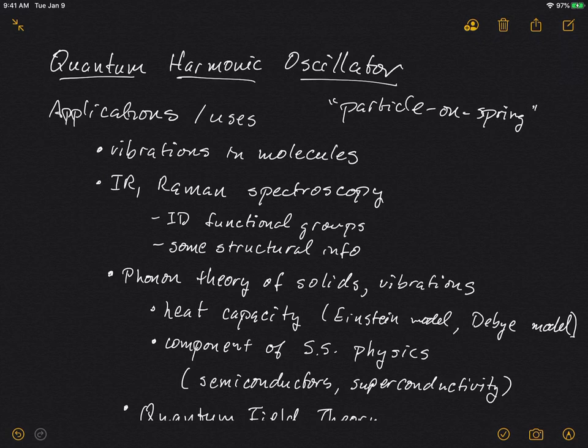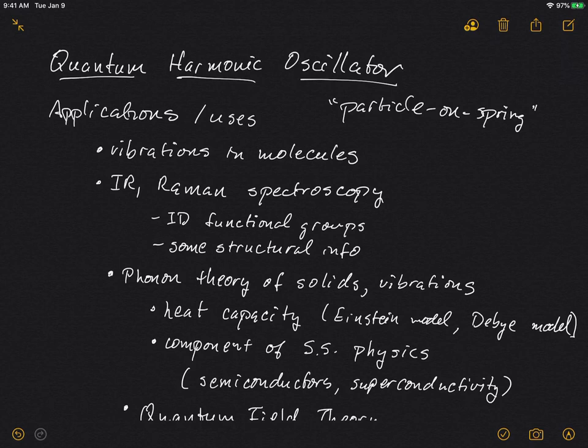And of course, this is an approximate model, but it has a number of important uses, including that it is used to describe vibrations in molecules, and in particular, when we're looking at vibrational spectroscopy, the quantum harmonic oscillator model is helpful in interpreting and understanding these results, as well as making predictions, things like that.